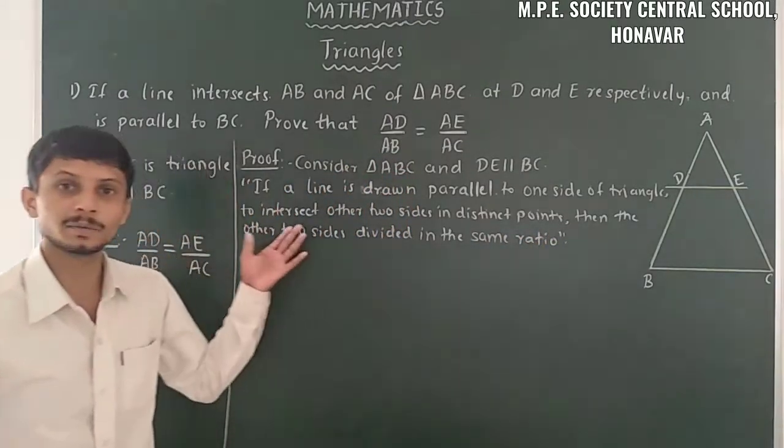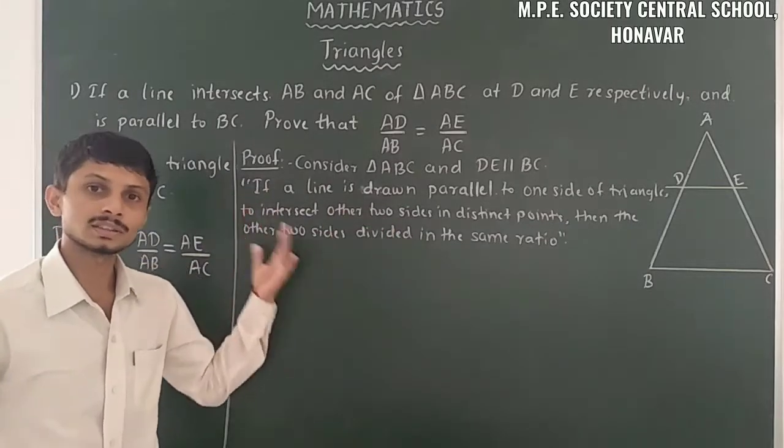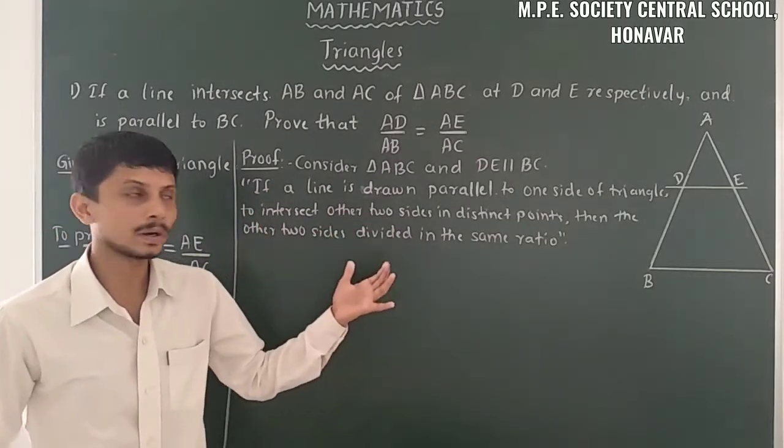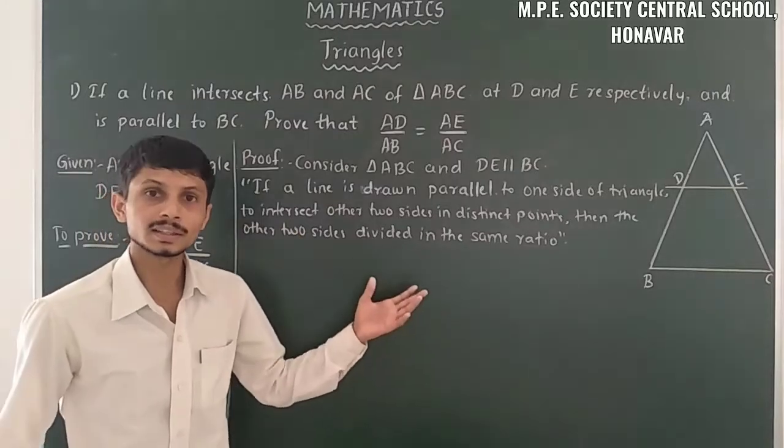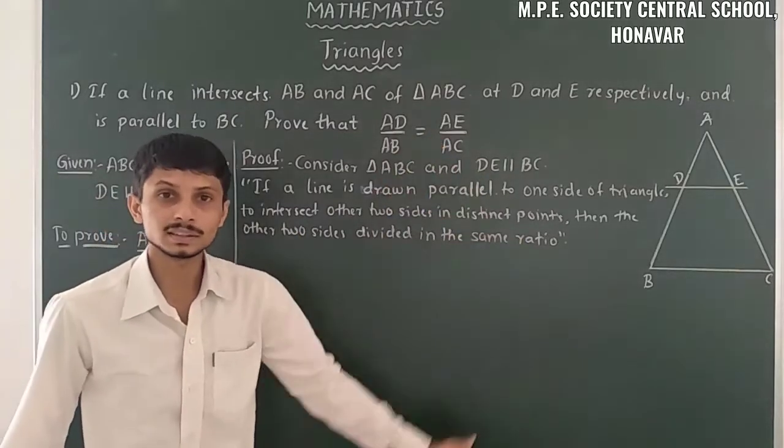Better to write the statement. Instead of writing just theorem 6.1, you have to write the statement in each and every case when we are using the relationship.